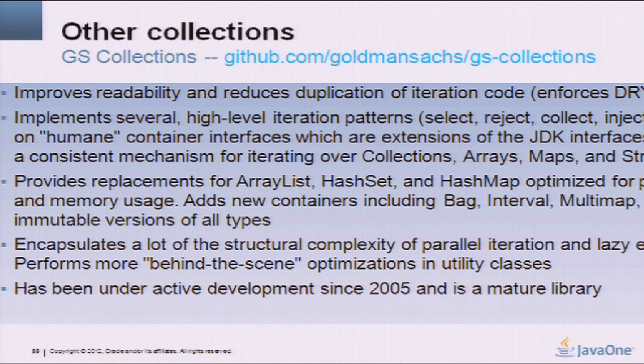Goldman Sachs has provided a very rich collection library. The one thing that makes it very attractive is that they have collections on primitives, which are somewhat more space efficient than the collections we're providing in the JDK, but they're more specific, of less generality than the collections we provide. One of the criteria for JDK collections is that they have to be of general appeal.